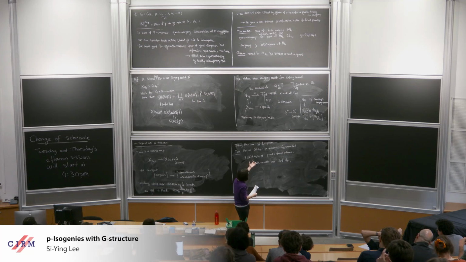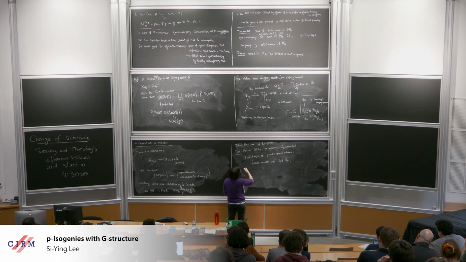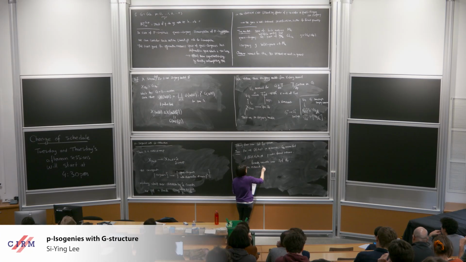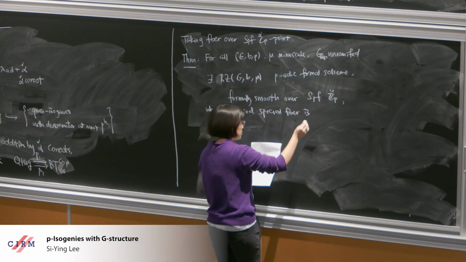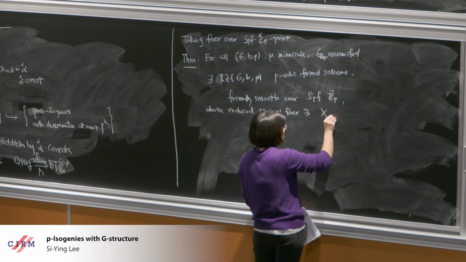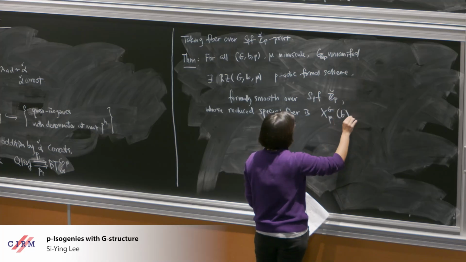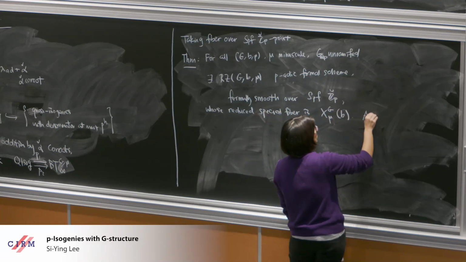You can then evaluate this p-adic formal scheme on perfect inputs, where R is a perfect ring, and what you see is that its reduced special fiber is the affine Deligne-Lusztig variety.